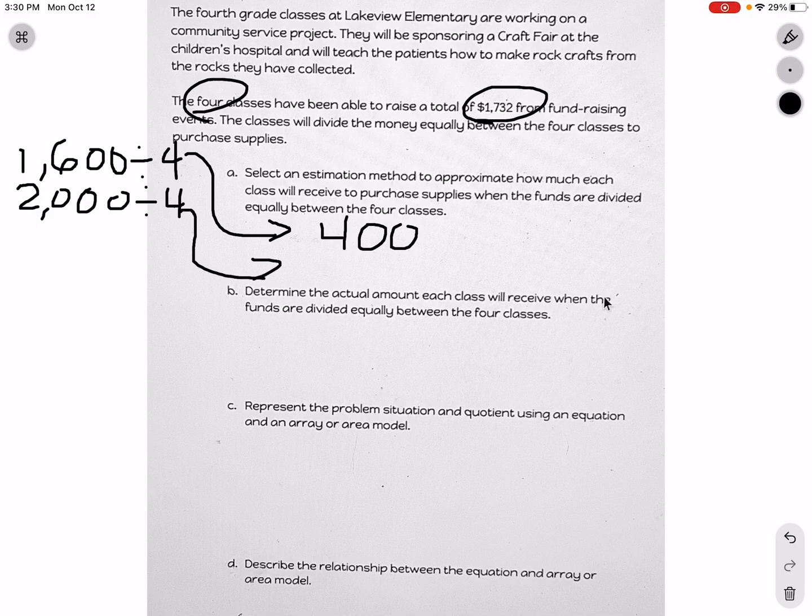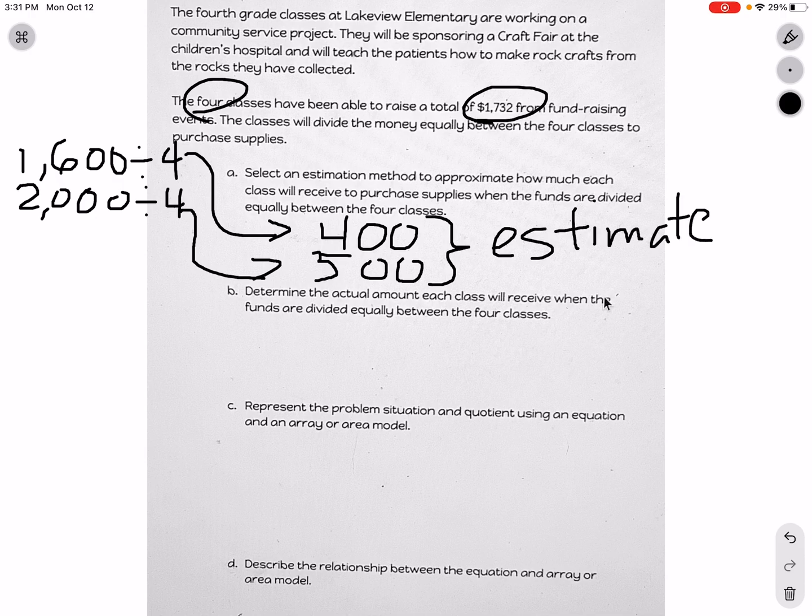I know that 4 will go into 20 5 times, or 5 times 4 equals 20. So I'm going to write a 5, and then add my zeros. So my answer is going to lie between 400 and 500. I'm just going to write estimate: between 400 and 500.